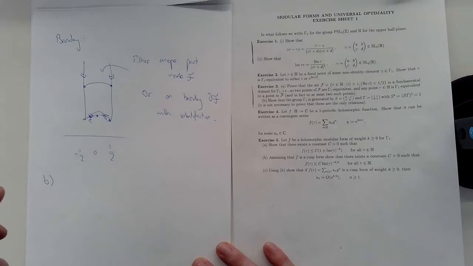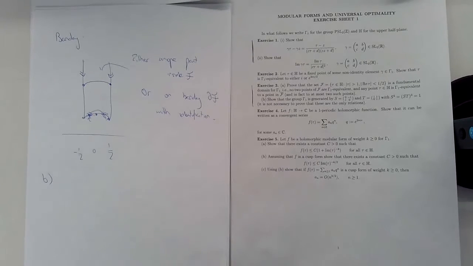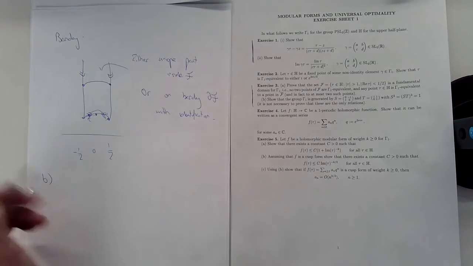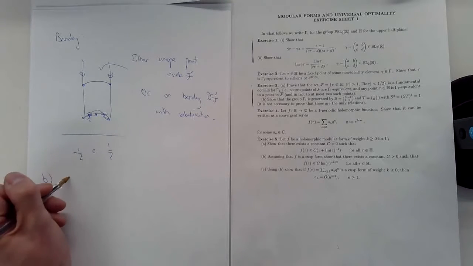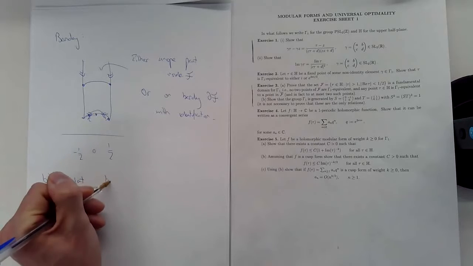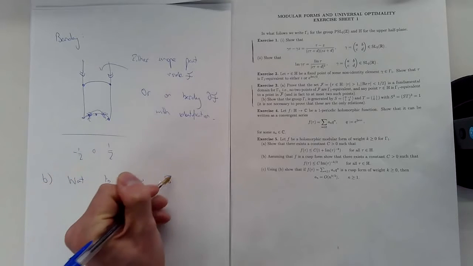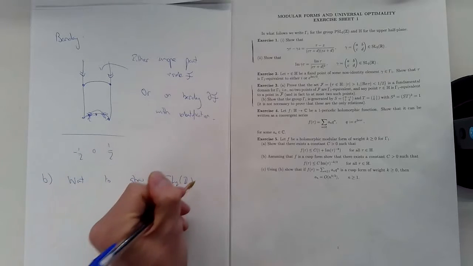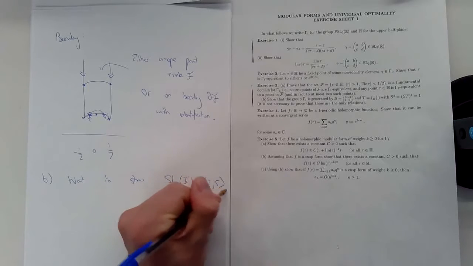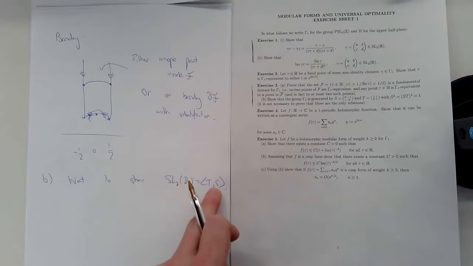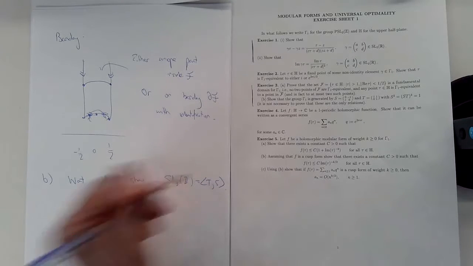So then let's actually have a look at using this to prove the claim that SL2Z is generated by these maps S and T, the translation and the inversion. So writing that SL2Z is generated by these two matrices.